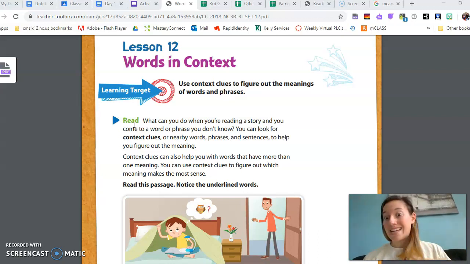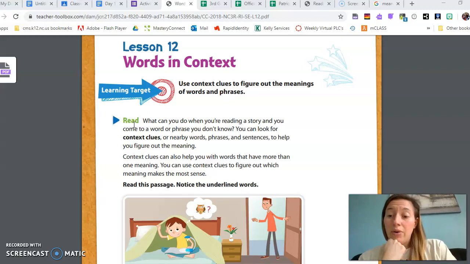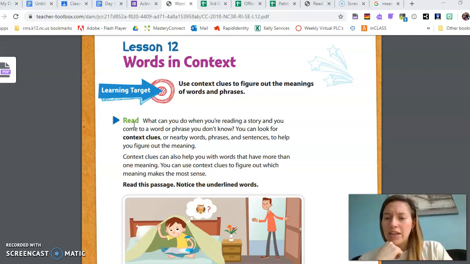Or it's really neat. So if I'm thinking about the sentence, Jorge was wearing a really cool shirt, I can use the context clues or the clues around in that sentence to help me figure out the meaning of that word cool, which could have different meanings. So am I saying in that sentence that Jorge's shirt has a cold temperature, that is chilly? Does that make sense?